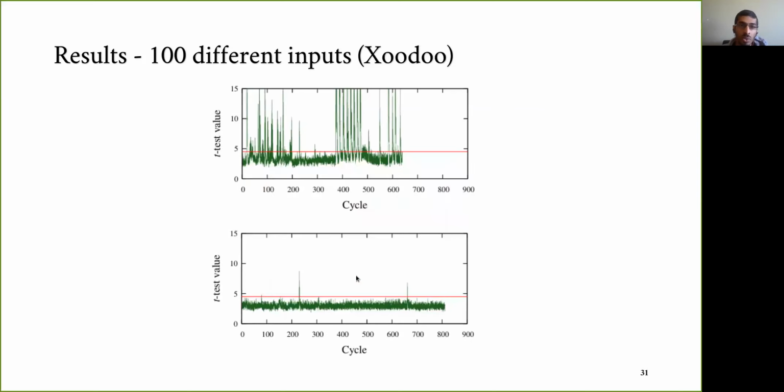And for sudo, it's the same setup, 100 different inputs and 10,000 traces. Here we see that there are two more samples that are leaky. These are not included in the model, so that's why I explained this. I told you earlier that our model is not the same as the physical model.